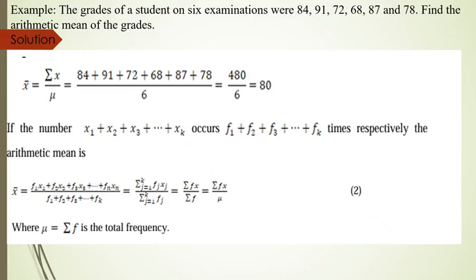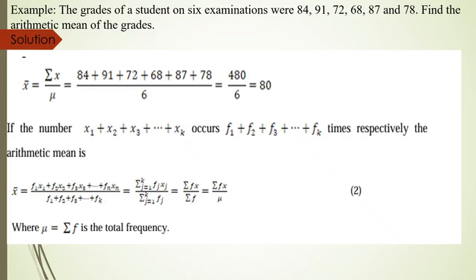So our fi are the frequency of each class, our xi are each observation given, and summation fi xi is the sum of the product of frequency and the midpoint or the observation given. Each observation, you take each frequency, multiply it by the corresponding observation, and we sum it together. That's how we get our summation fi xi, or summation fx. Then summation of f is our total frequency.